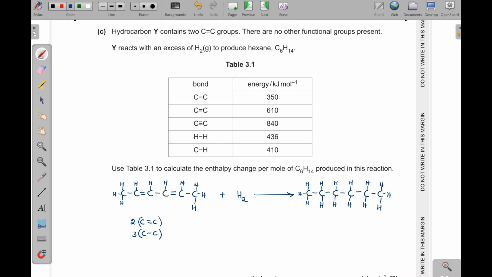Then we also have carbon to hydrogen single bonds. So carbon to hydrogen, what do we see? These ones are 3 because there is 1, 2, 3. Okay, so those are 3. Then 4, 5, 6, 7, 8, 9, and 10. See that? Those are 10. Anything else that is left here? I think nothing.